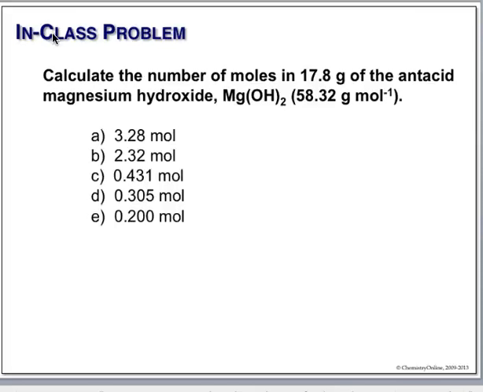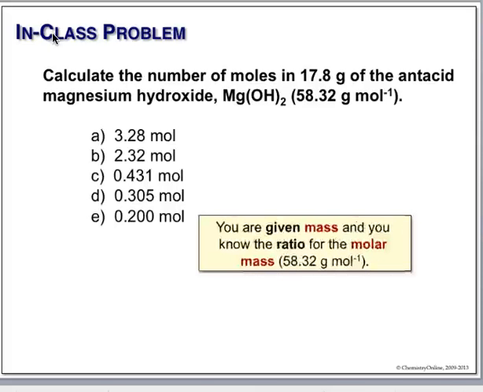17.8 over 58. All you have to do here is take our mass and our molar mass, which has units of grams over mole, right? So we can set up a simple expression here. Our given would be 17.8 grams.